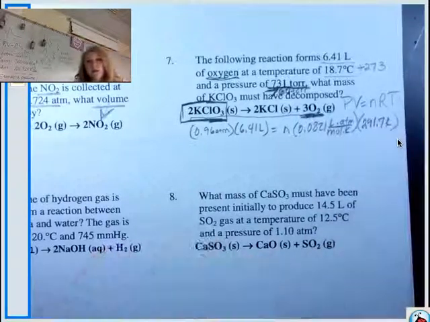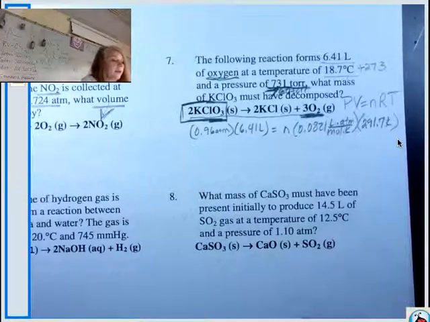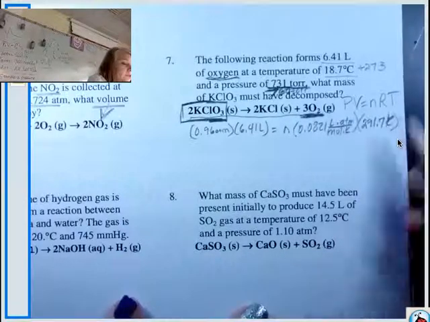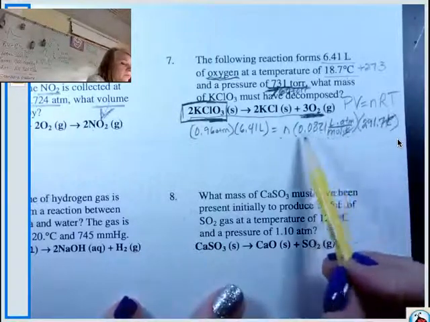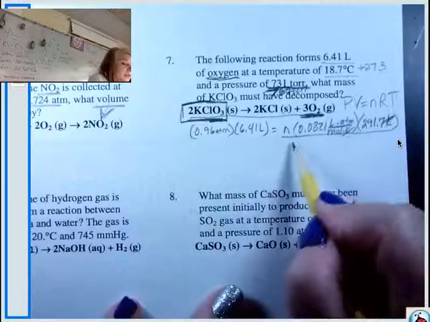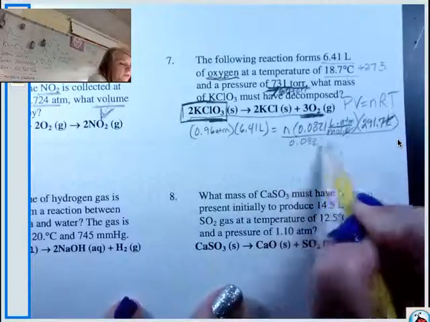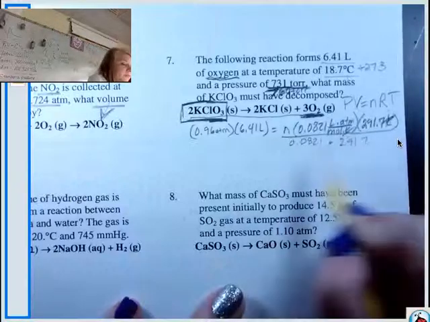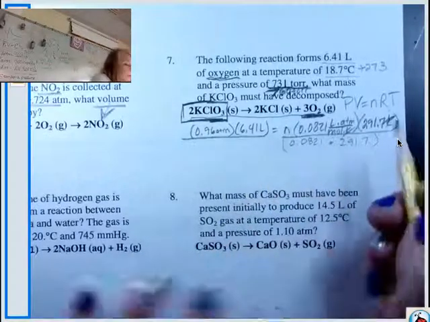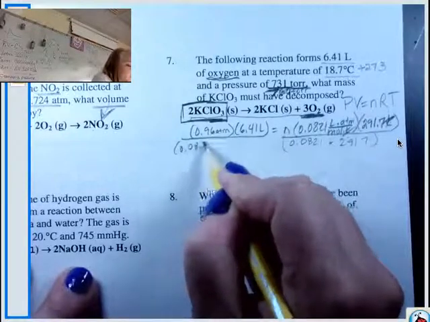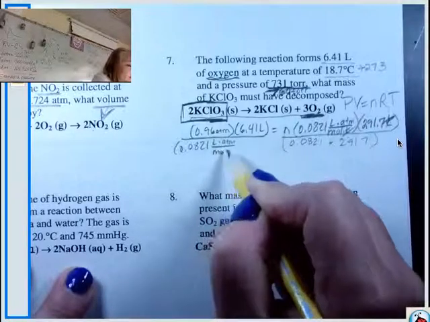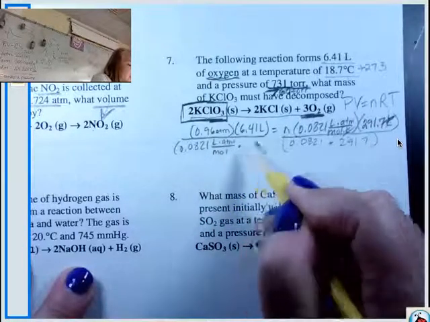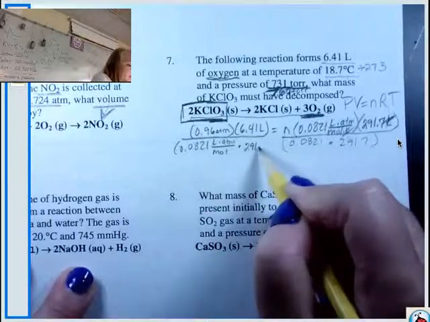Now, I deliberately put my units in here so you guys could see unit cancellation. I didn't do that on Monday, but you need to see that your units are indeed going to cancel. Look, Kelvin, doesn't that cancel right here? Okay, and then I'm going to move my two numbers away from N, so I'm going to be dividing by 0.0821 times 291.7. That's all going to be moved over to this side of the equation. And that's liters times ATMs over moles right now, because I already canceled out Kelvin, times 291.7.